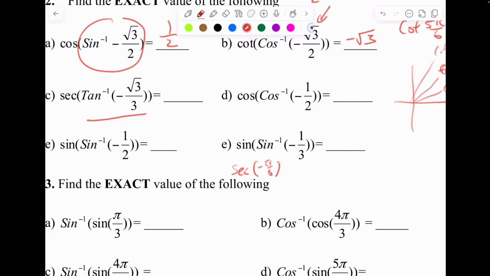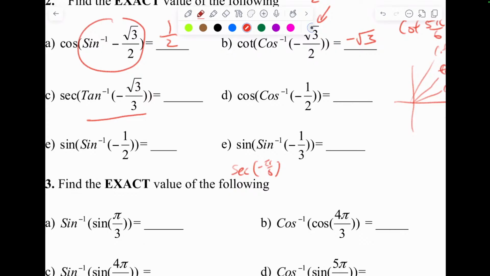The more you think, the better you get. 2 root 3 over 3.